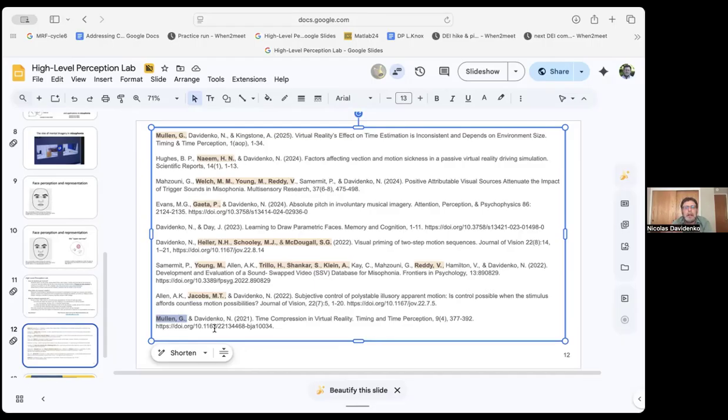But he had an idea about how virtual reality might warp people's sense of time. He designed the study, he implemented it, we ran it, and he ended up being first author on the paper. So those are the range of possibilities.